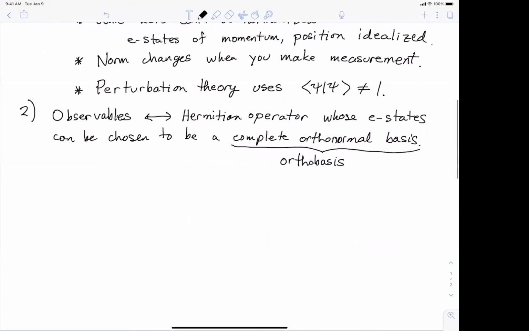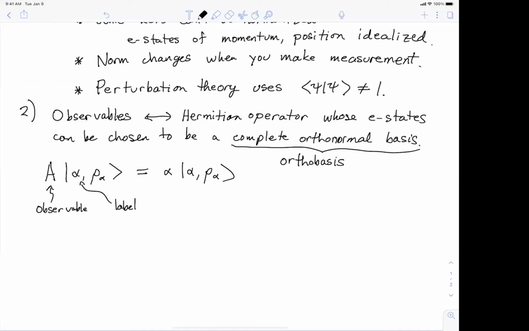Okay, and so if I've got an observable A and it acts on some states that I label by, let's say, alpha, where alpha is the eigenvalue. And then there might be some other label that I need to tell apart the states with different eigenvalues. So it looks like this. Okay, and so A is our observable, and alpha is our label or eigenvalue.